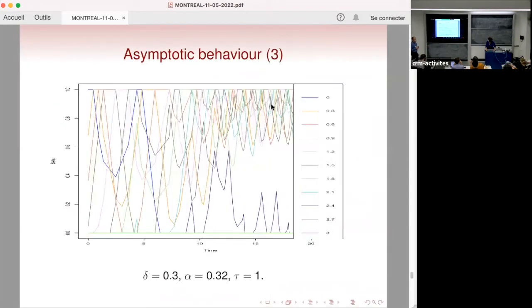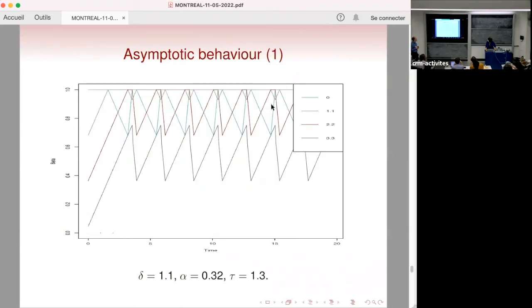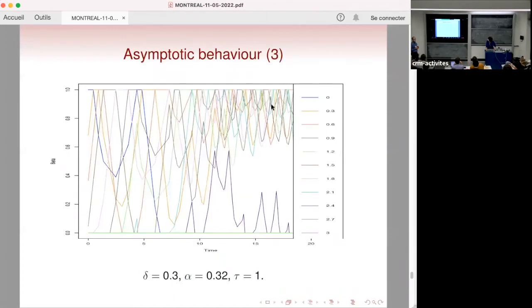No, these are in the infinite population limit, just to explain how it works. In the infinite population limit, and also the next one, that's all in the infinite population. That's exactly the dynamics of the limiting exponents.